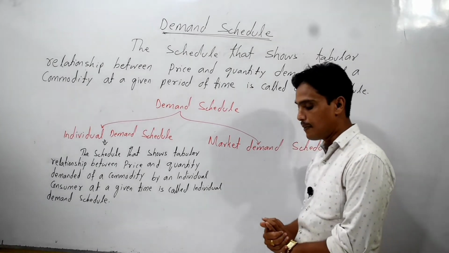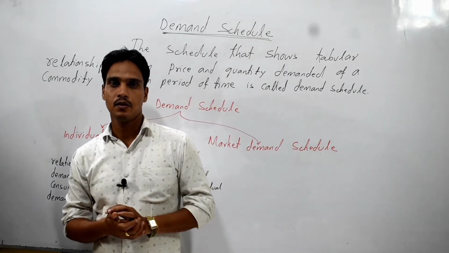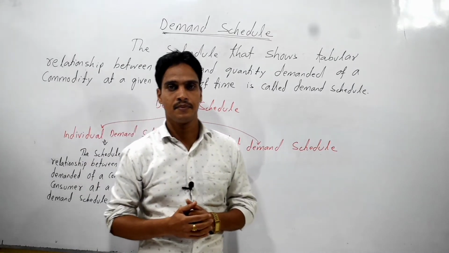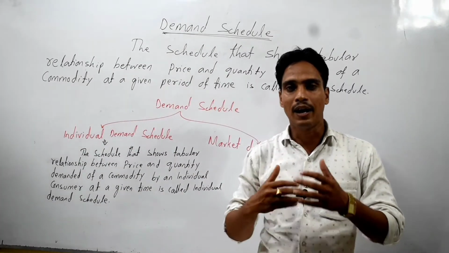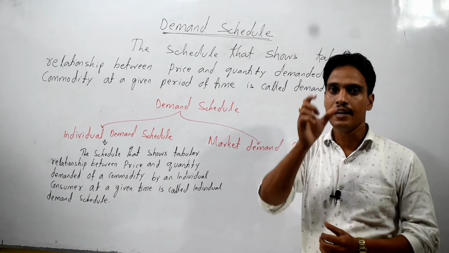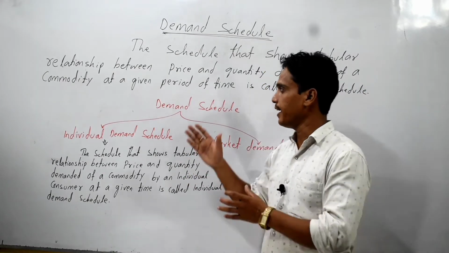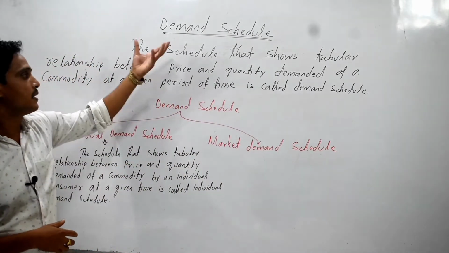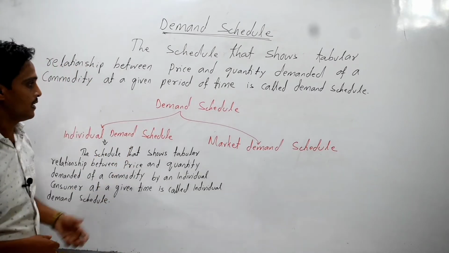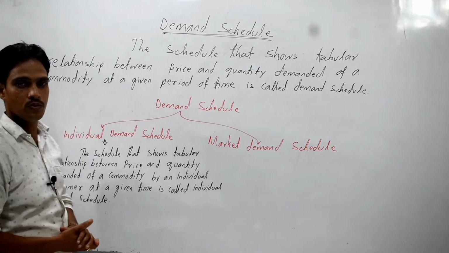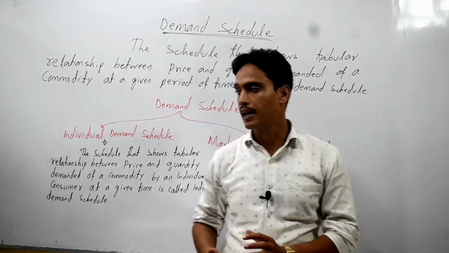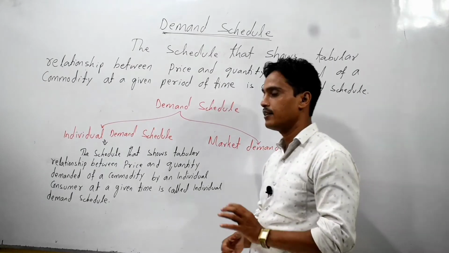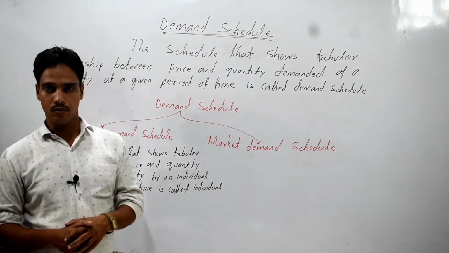That means when we present the relationship between price and quantity demanded in a schedule or in a table form, that is called demand schedule. Generally it is classified into two types. First one is individual demand schedule and second one is our market demand schedule.